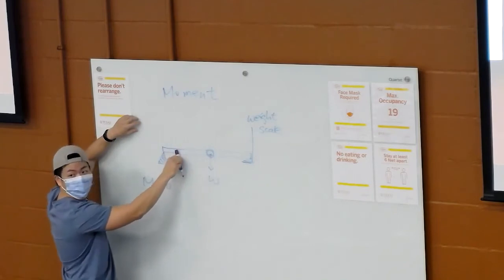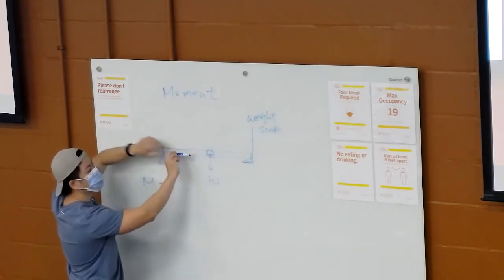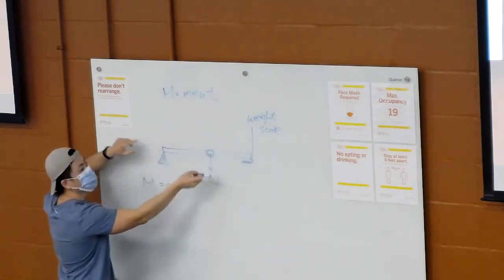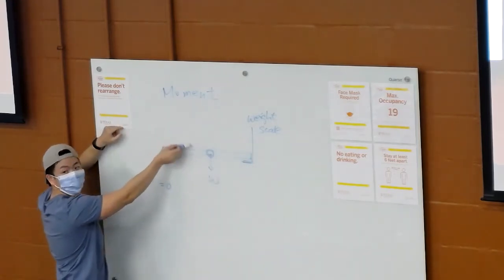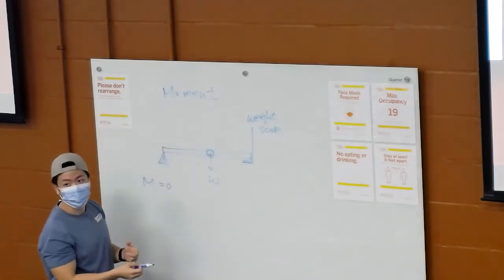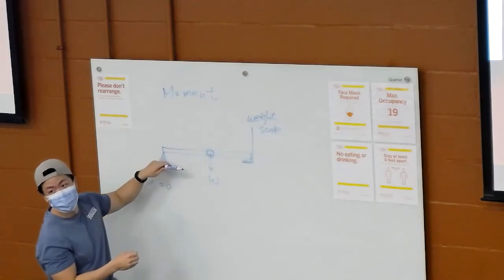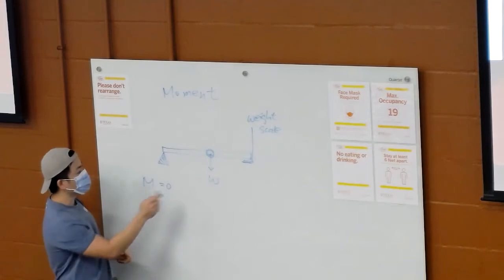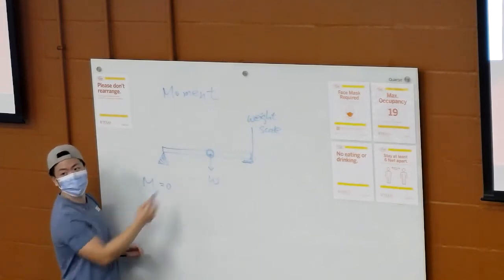That'll be clockwise, right? But there's another force applied by the weight scale. That force will make this board rotate this way, counterclockwise. And because those two moments are equal to each other, the board is not moving, because the net moment is 0.